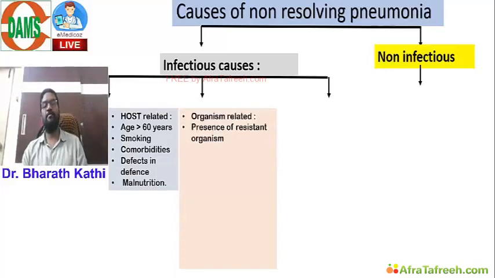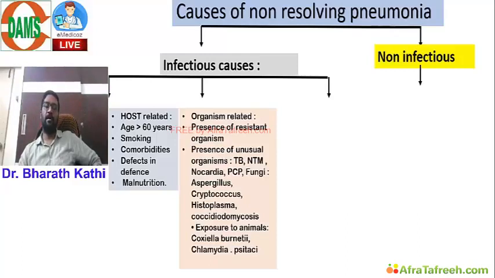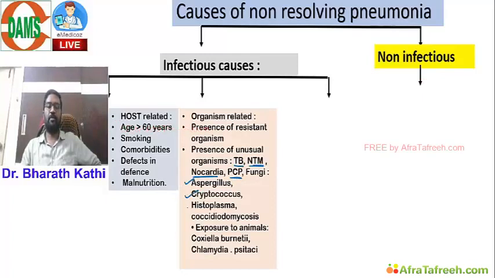Then organism related: presence of a resistant organism. You might have Pseudomonas which is resistant to conventional treatment, and presence of unusual organisms. This patient might have tuberculosis, non-tubercular mycobacteria, rare organisms such as Nocardia, Pneumocystis pneumonia, fungus such as Aspergillus, Cryptococcus, histoplasmosis, or coccidioidomycosis. So the patient's lungs might be harboring these infections.